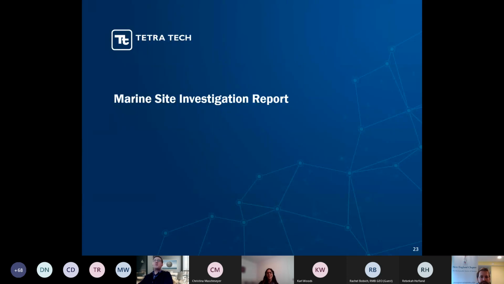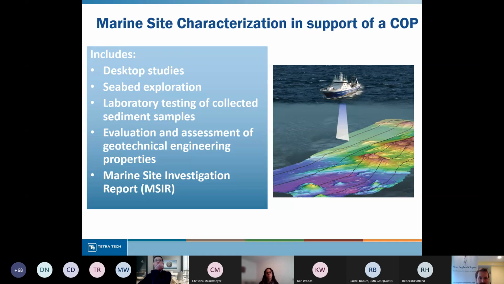Thank you. Okay, so we are on to the marine site investigation report component. This is where that geophysical survey data gets put into a document that supports the permitting process. The marine site characterization of an offshore wind farm area consists of a lot of phases, right?